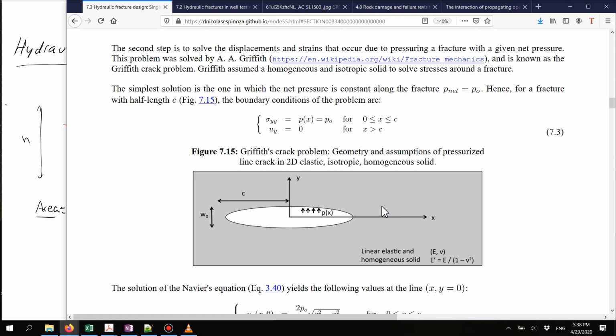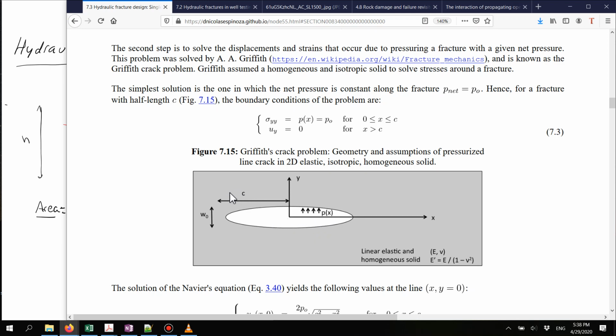The solution of the stresses and displacement in a line crack was solved by Griffith a long time ago. In his problem, what he did was to assume that there is a crack or a fracture which has a width.